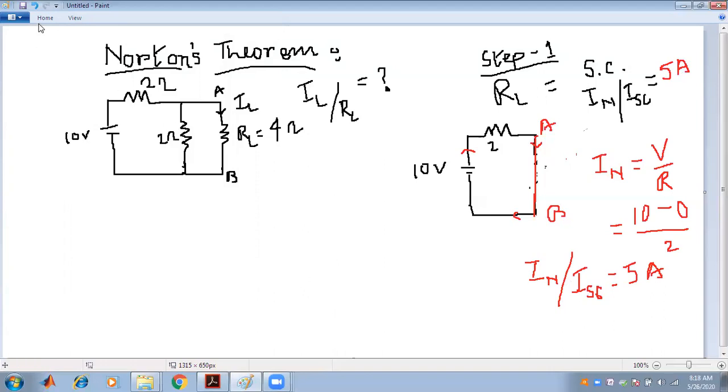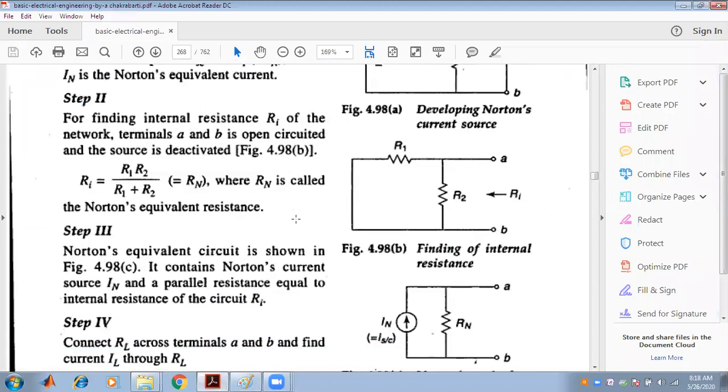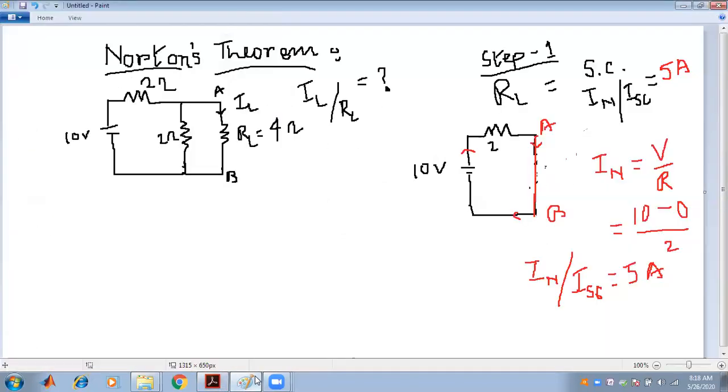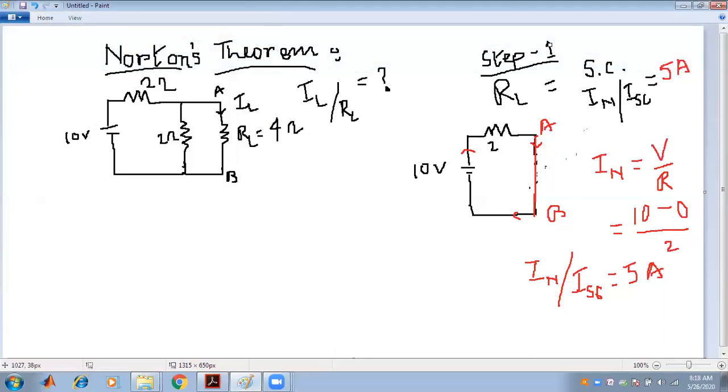So let us take the approach to step 2. Step 2 suggests that we have to find the Rn, or the Norton resistance, that is called the R equivalent, keeping all the internal sources deactivated.